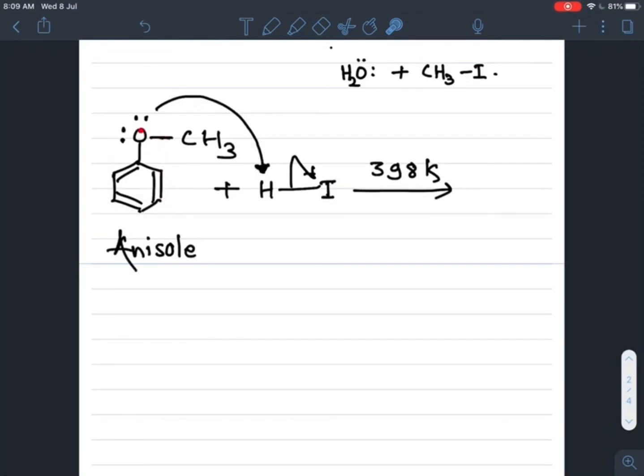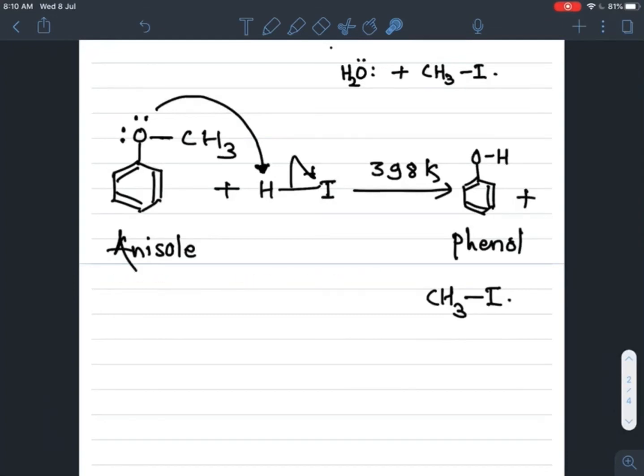So here the bond breaks between oxygen and carbon of the alkyl group, and finally we get OH attached to the benzene ring, so phenol is formed, plus the byproduct CH3I. This phenol does not proceed further in this reaction. Here we finally get phenol plus methyl iodide, and the reaction stops at this step.